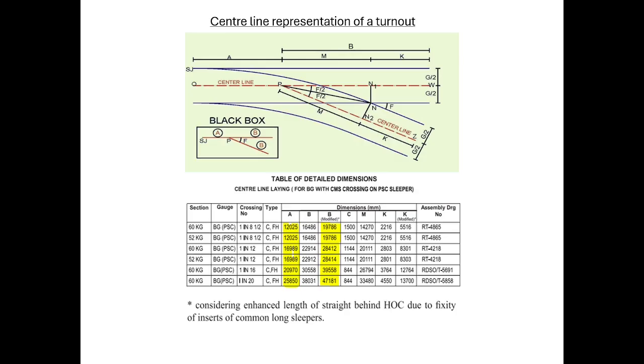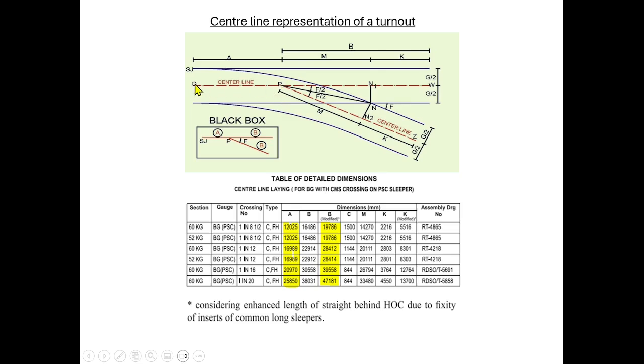Before that, I just want to recollect the central representation of a turnout explained in the previous video. This is our points and crossing, but the central representation is the red line: the central line of the main line and the turnout line. The intersecting point is called the point of intersection.